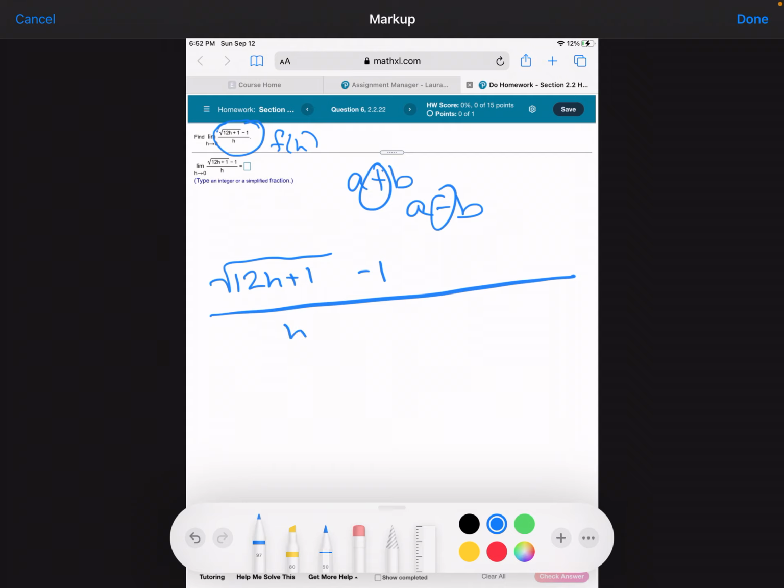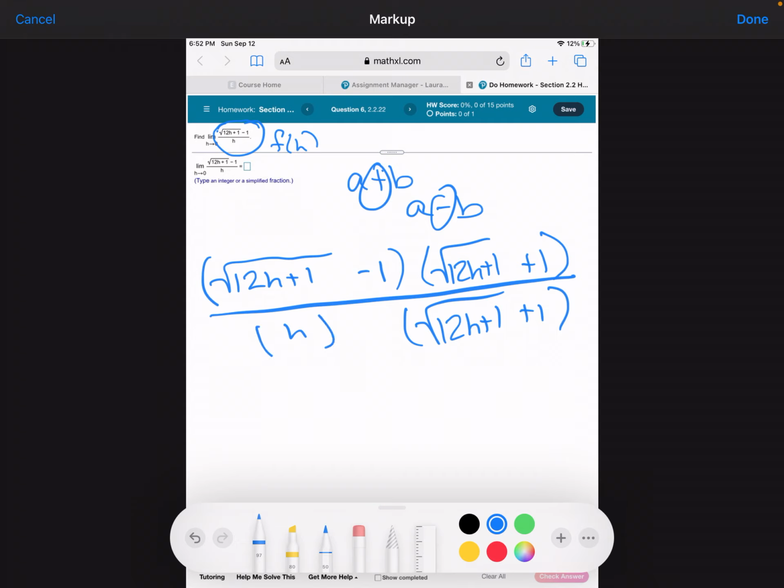I'm going to multiply by the number 1, but a special one: the conjugate of either the numerator or the denominator, whichever has the square root in it. In this case it's the conjugate of the numerator.